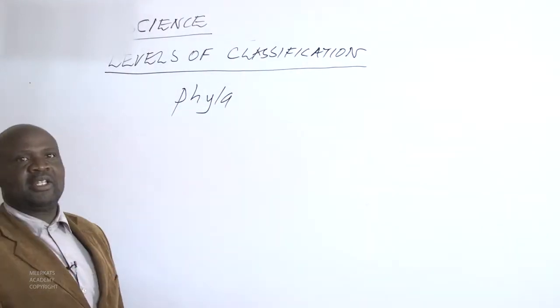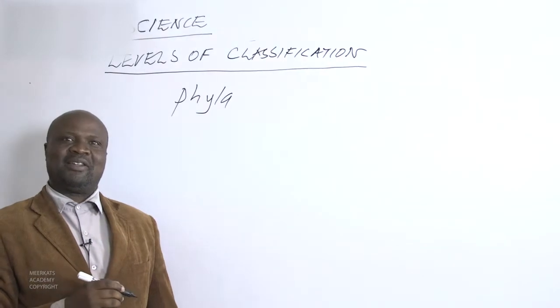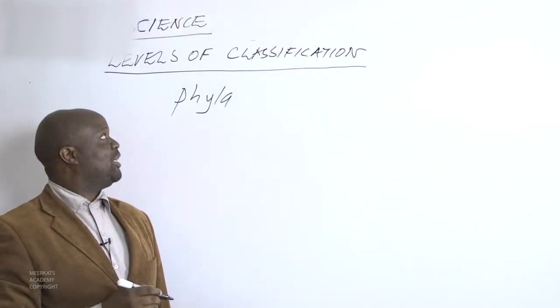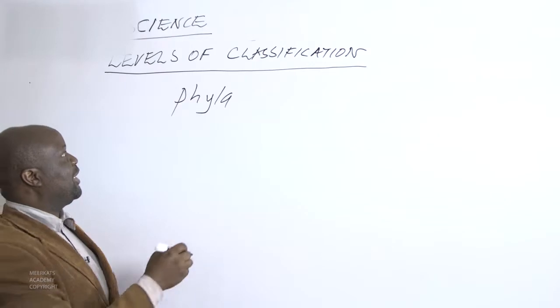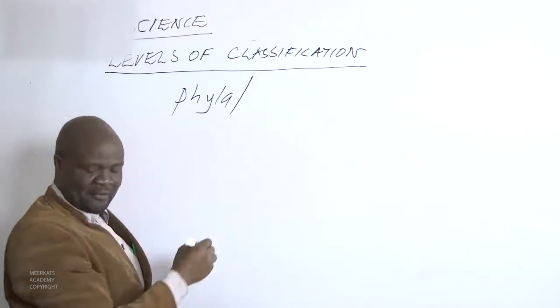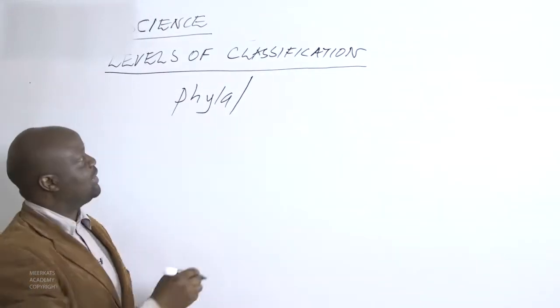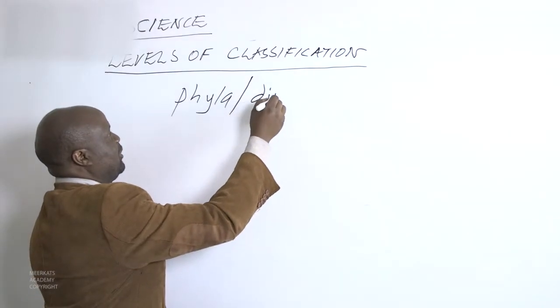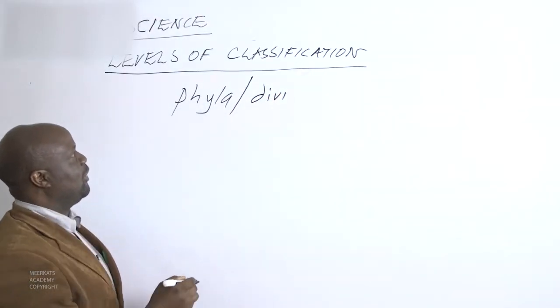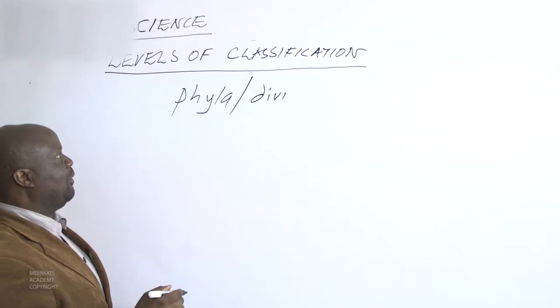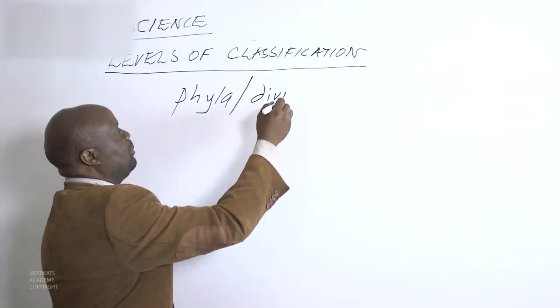The phyla is for the animal kingdom, but if we are talking about the plant kingdom, it will not be phyla, but in this case it will be division. If we are trying to classify plants, if it is in the plant kingdom, it will be division.